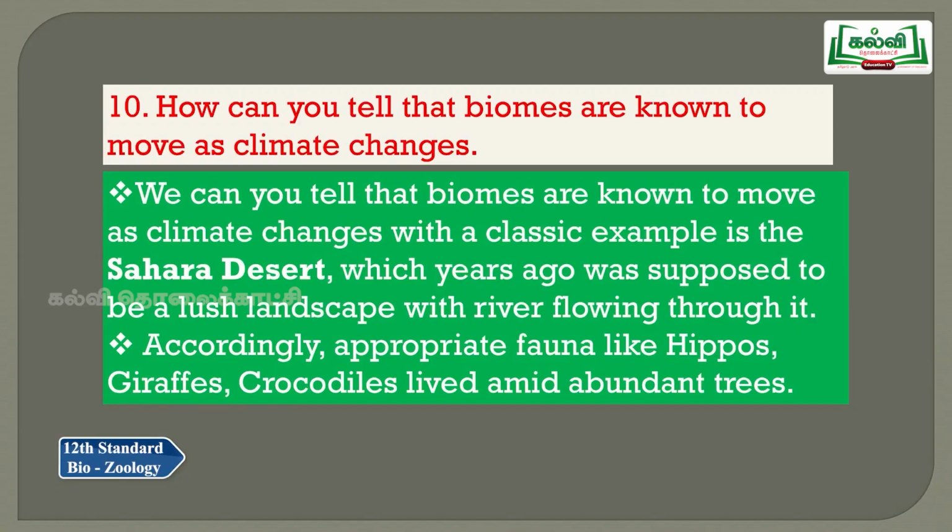They went in search of a new place where they could get favorable conditions and more food. That is how the luscious Sahara place has become a desert now. So that is how a biome can change with the climate over time. That is the example of the Sahara desert.